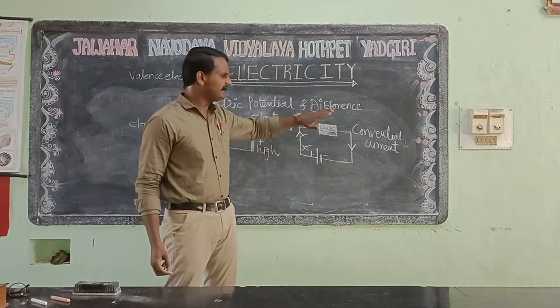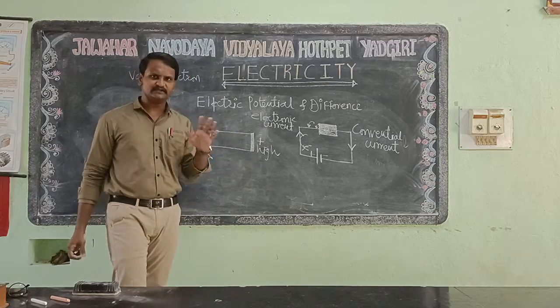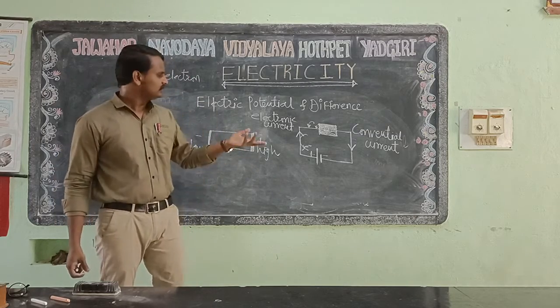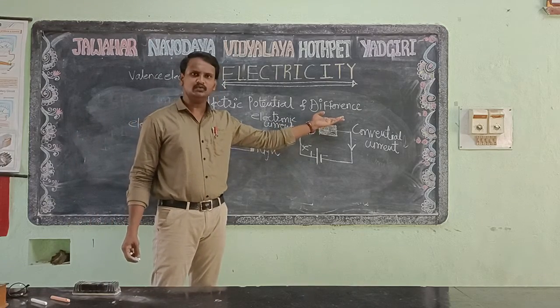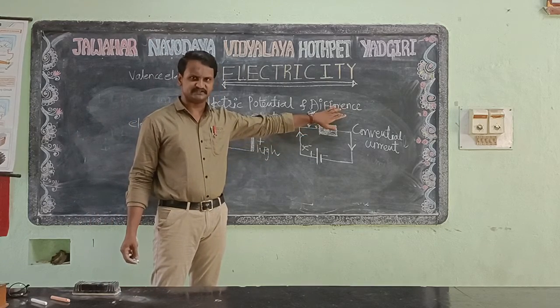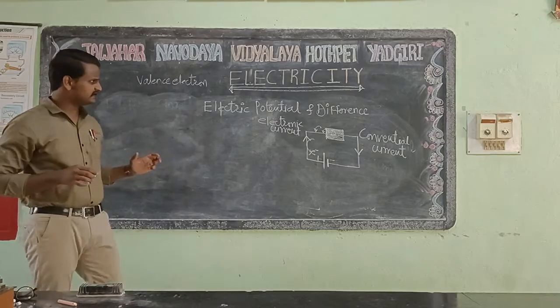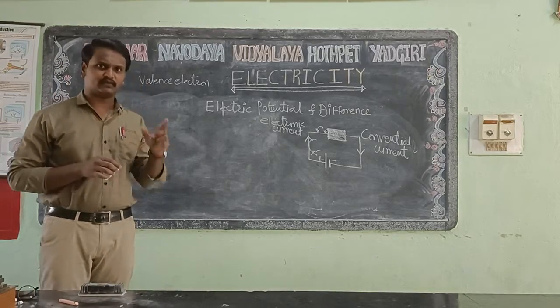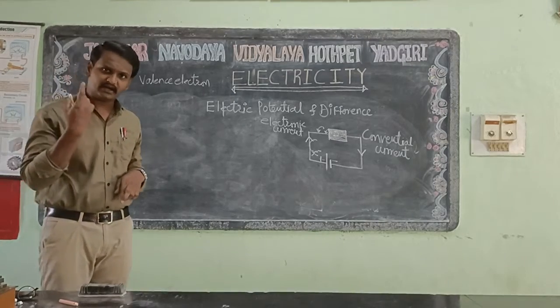Okay, so how can we define the potential difference? The potential difference can be defined using the work done. How can we define the work done to move 1 coulomb of charge? The potential difference is the work done to carry 1 coulomb of charge from one point to another point.